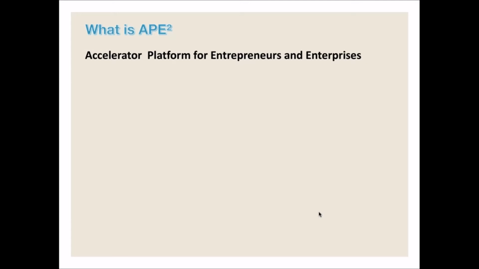So that's what we wanted to do with APE, and that's the acceleration we are talking about. From your idea, for a client, we directly take the client into a very fast pace, and we start immediate development, and you can see the results very quickly.